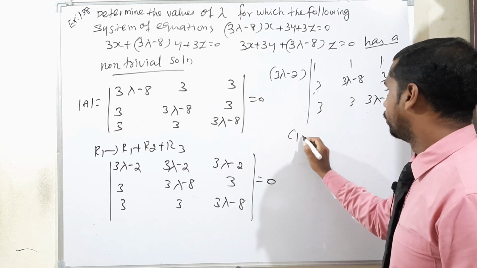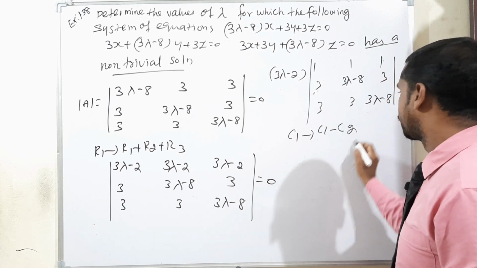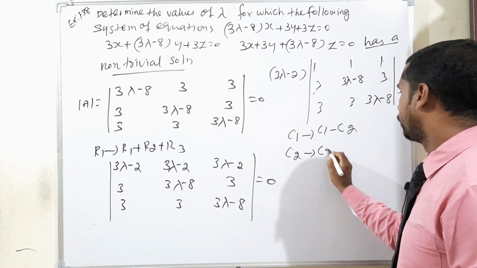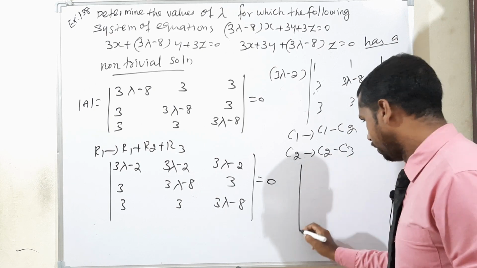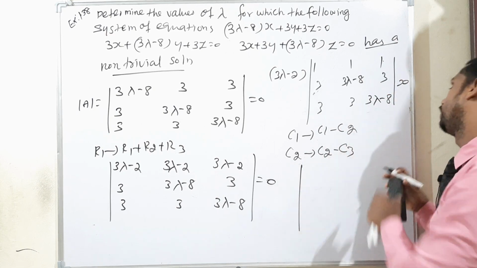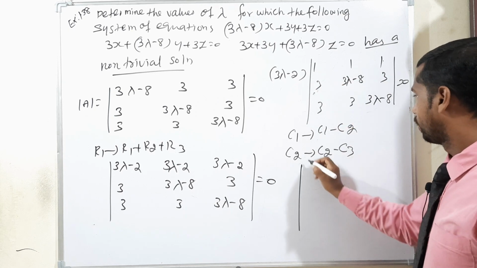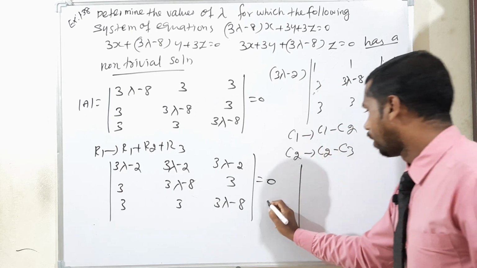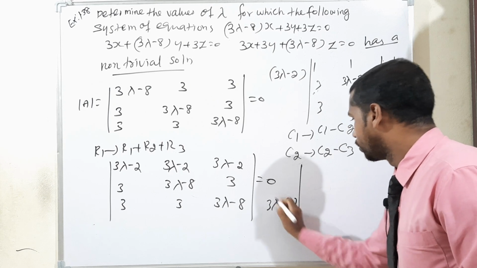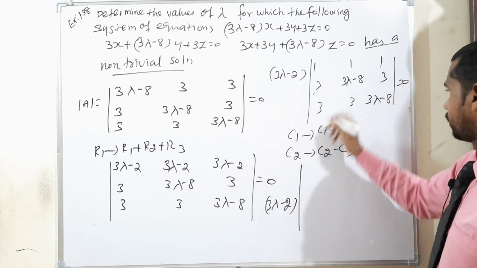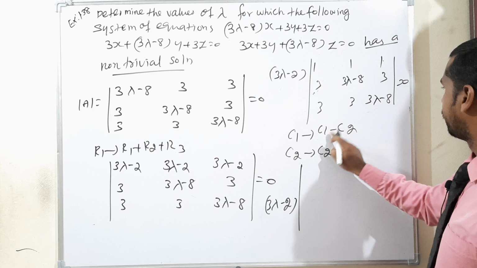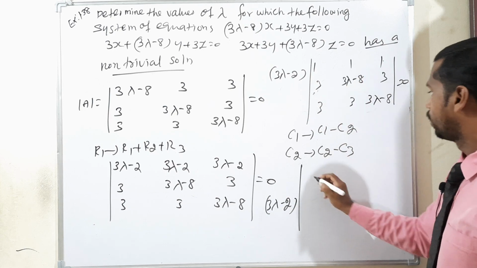So C1 gives C1 minus C2, then C2 gives C2 minus C3. It will become 0 in the first two terms. Look, the common term outside is 3 lambda minus 2. Comparing C1 with C2, C1 minus C2: 1 minus 1 is 0.